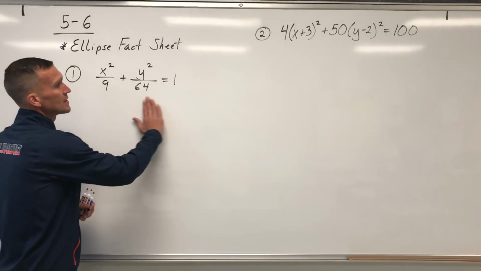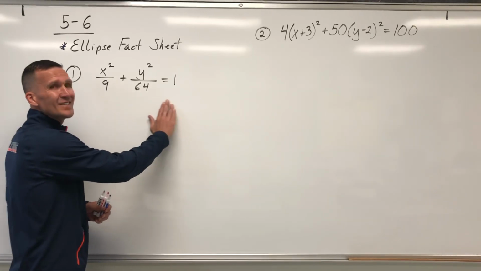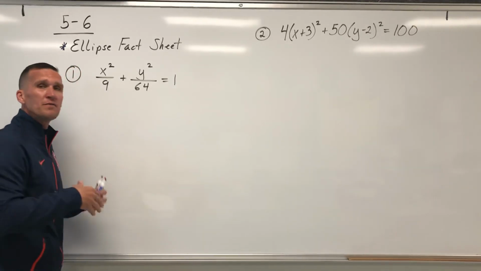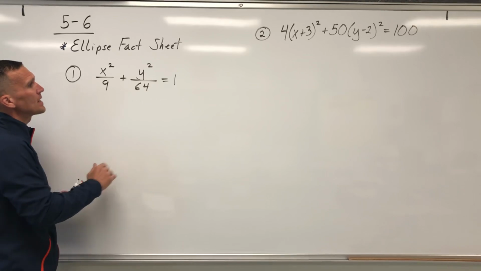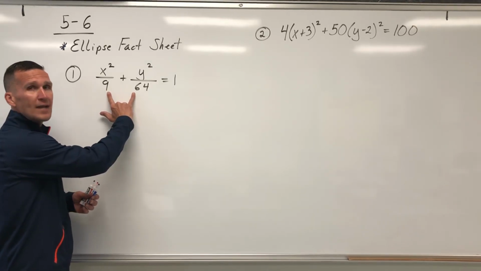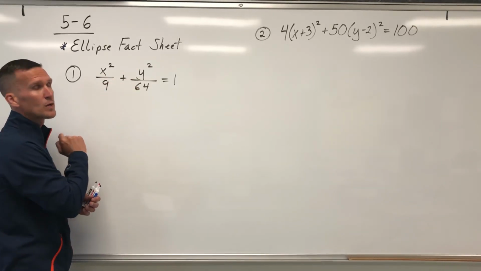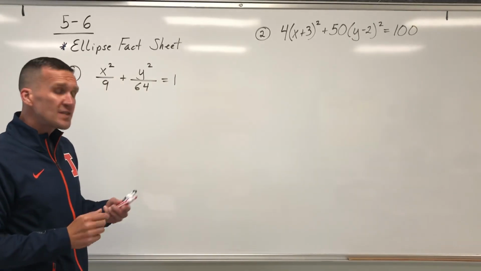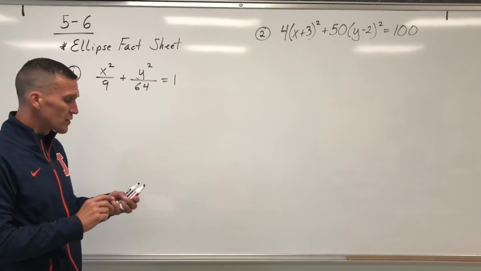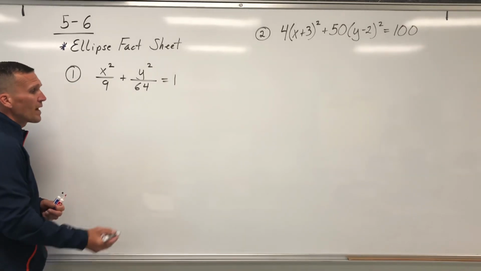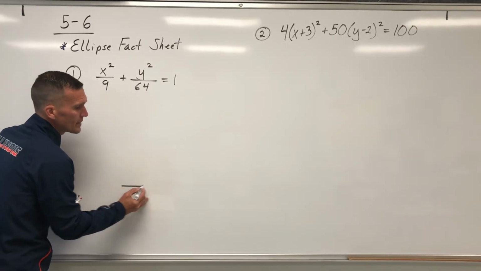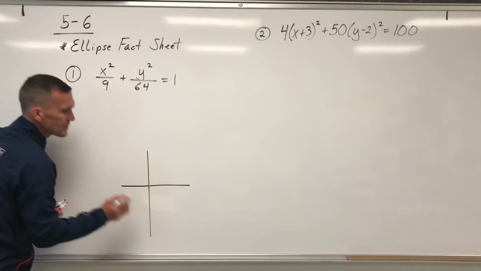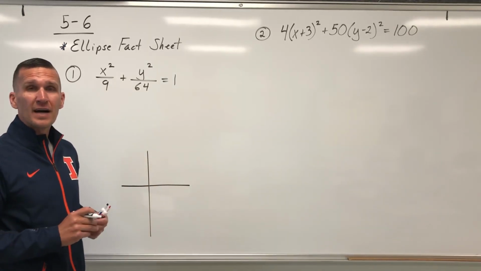So this is what we call the center form of an ellipse equation, because it's basically two fractions with x squared and y squared on the top equaling 1. From that, the first thing we do is find the center of our ellipse if we're going to start graphing it. I could draw my x-axis and my y-axis and put the center dot first.